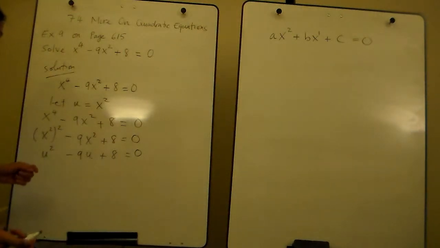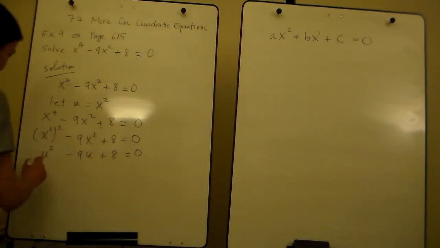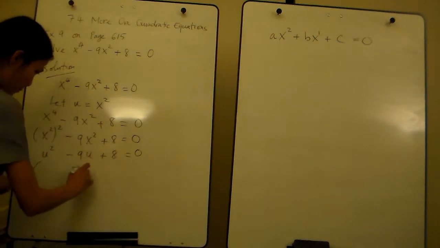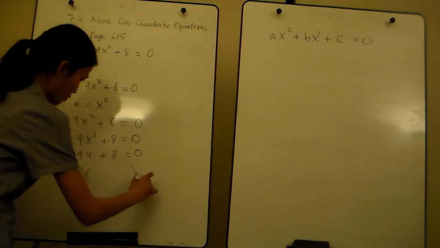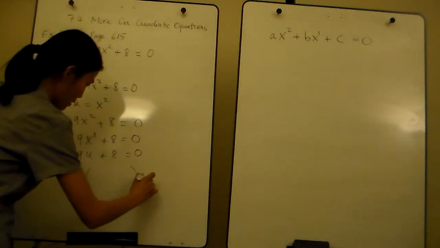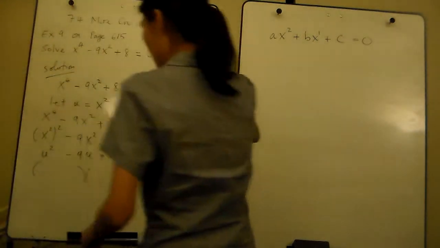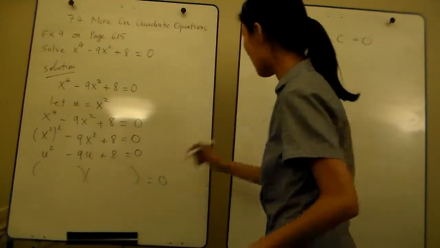Alright, there are many ways you can try to solve this. You can use the quadratic formula, or you can factor. I'm going to show you the factoring way. With no surprise, you learned how to factor a trinomial. So c is 8, right?